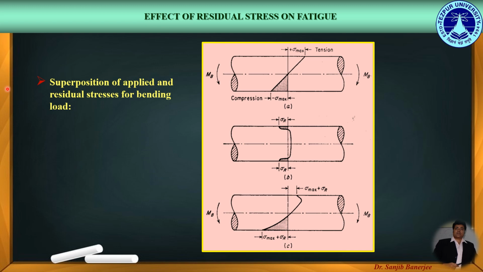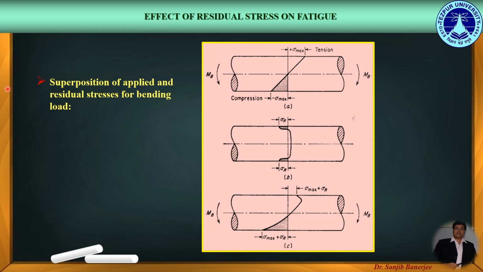Now, it should also be apparent that the improvements in fatigue performance which result from the introduction of surface compressive residual stress will be greater when the loading is one in which a stress gradient exists than when no stress gradient is present.